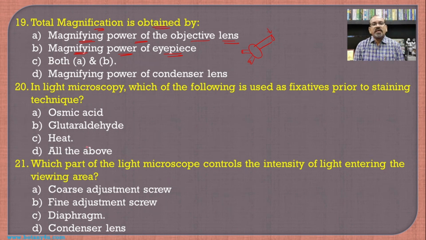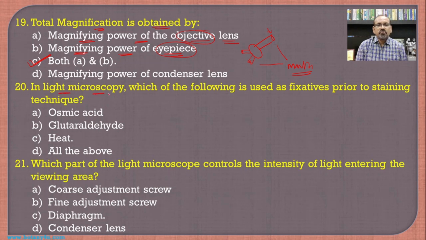So if we see any magnification, actually it is the multiplication of both these lenses, and hence the objective lens and eyepiece both are together responsible for the magnification in the microscope, and hence both A and B become the answer for this question.